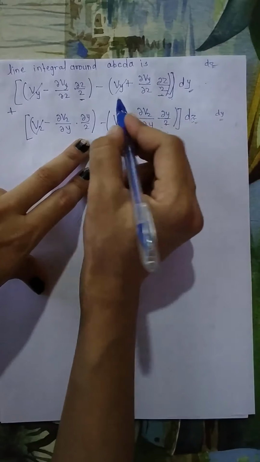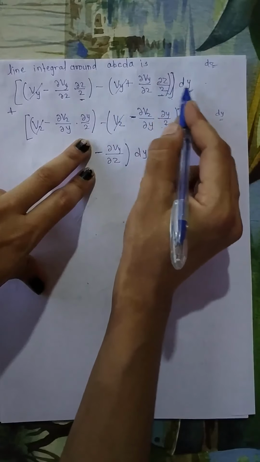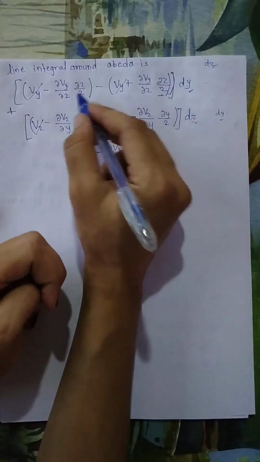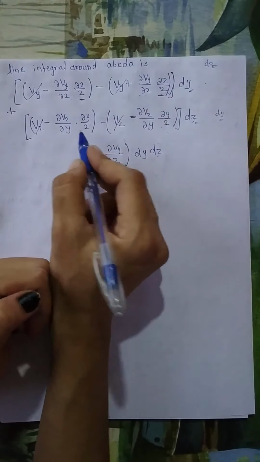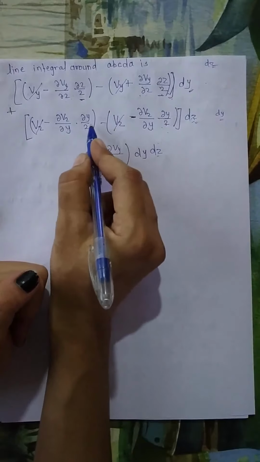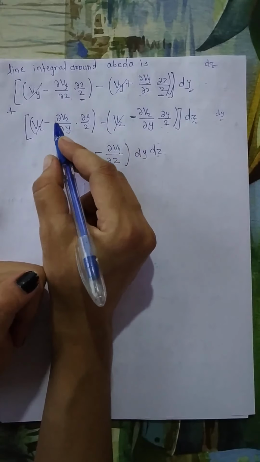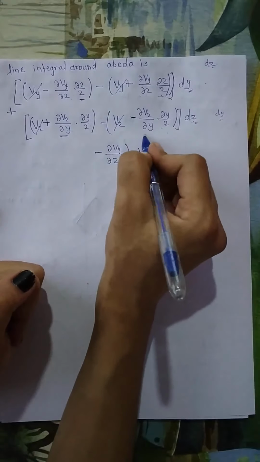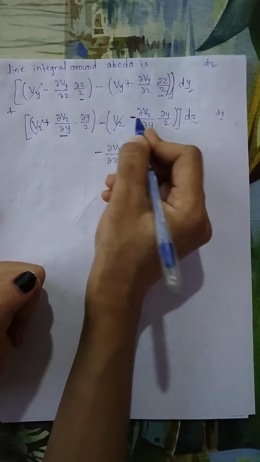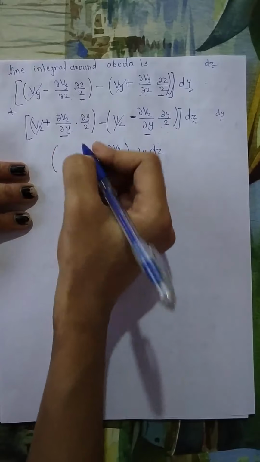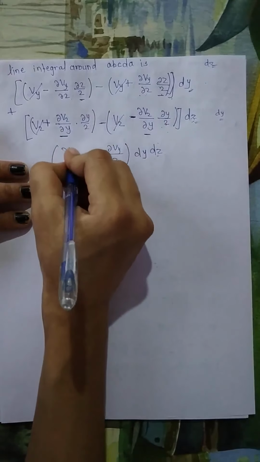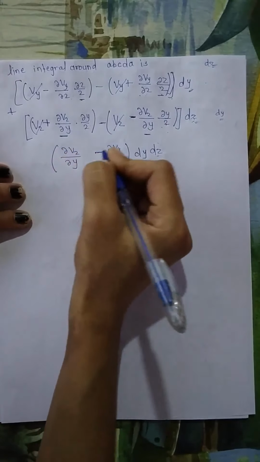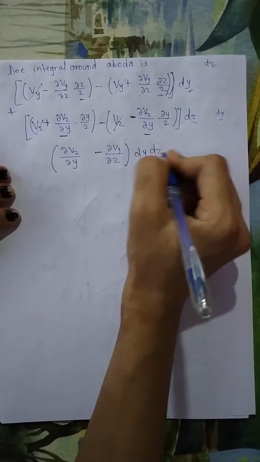So we took the dy and dz common and the remaining term as it is, and here there is minus, here there is plus. Now this minus and this minus will get plus. So here if we take dou Vz upon dou y common, this is the simplified form.